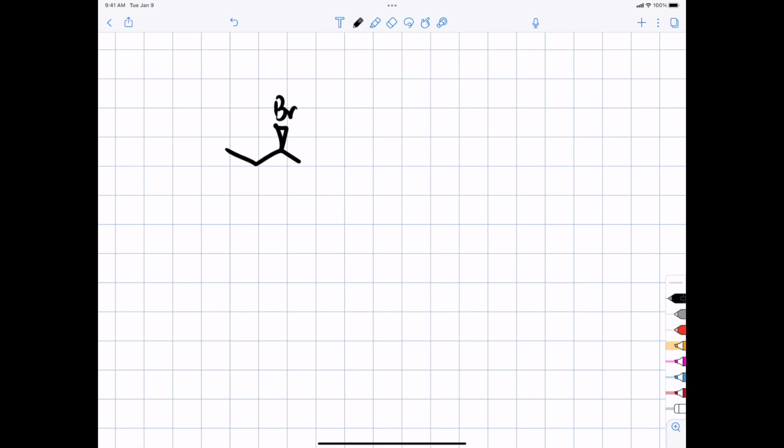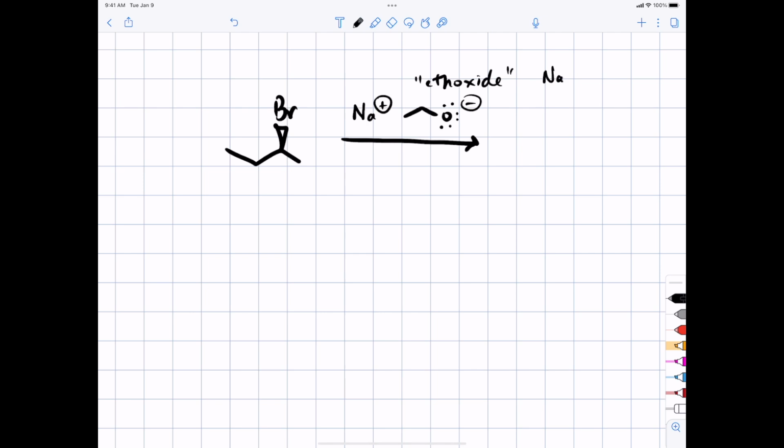So let's suppose we used sodium as a counter ion to this nucleophile. This nucleophile is called ethoxide. Sometimes people will write this as NaOEt, with Et for the ethyl group.